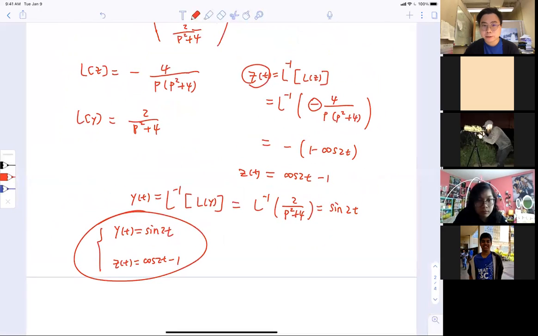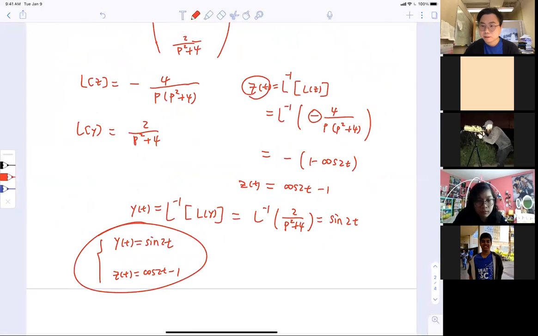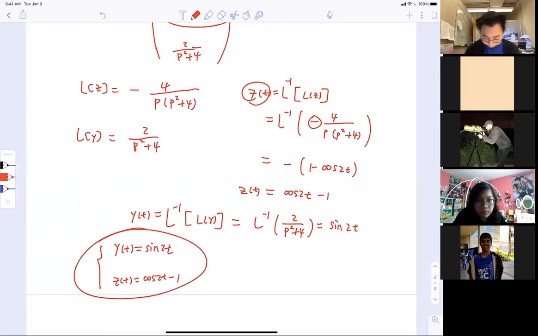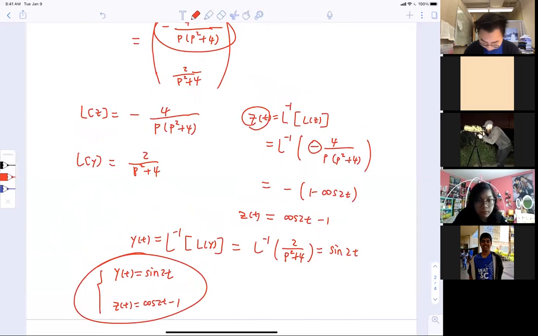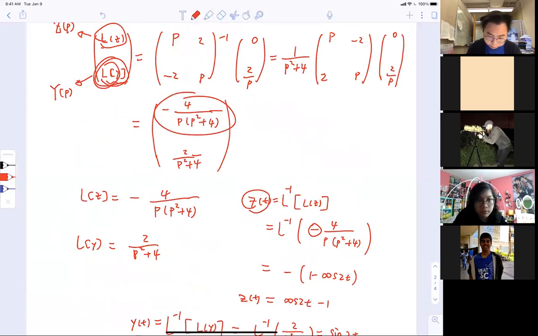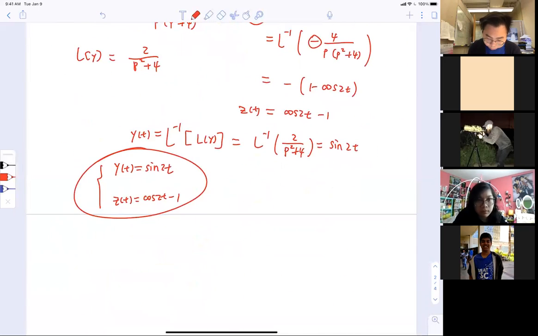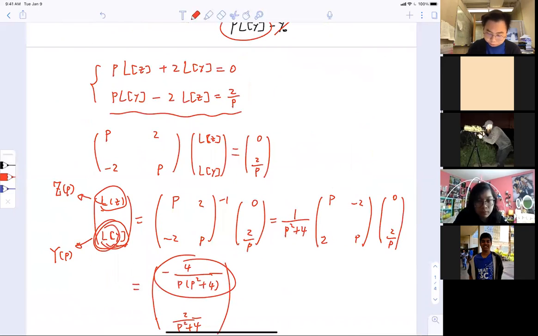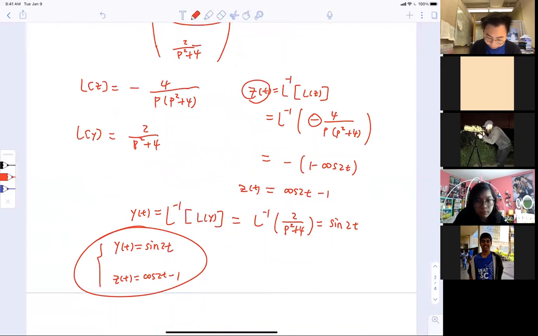So any question for this problem? Okay, so I guess it's clear. One thing I want to point out is whenever you solve this kind of differential equations, it's very convenient to check whether your solution is true by plugging into your original differential equation when the solution is quite simple. At least you can check the initial condition.